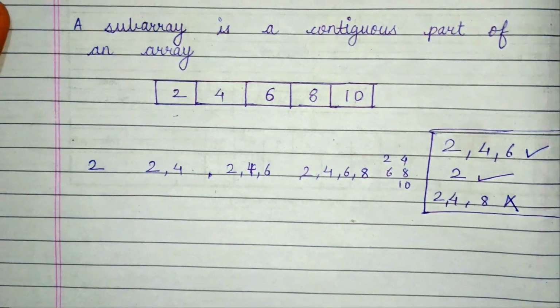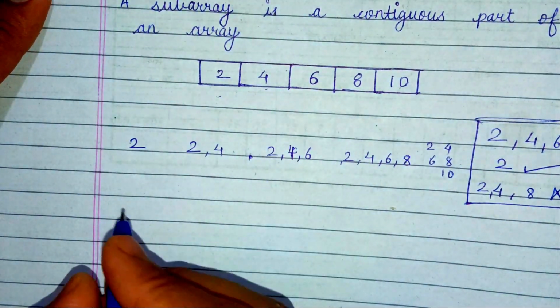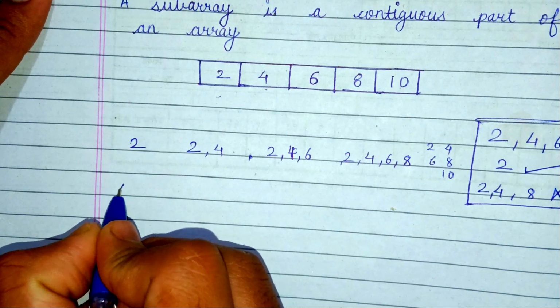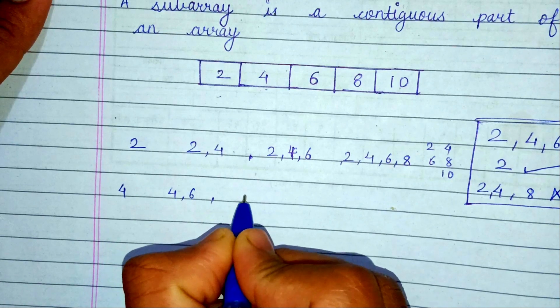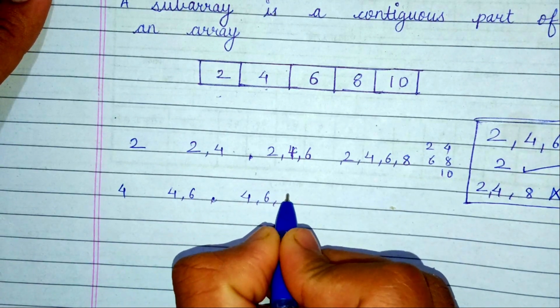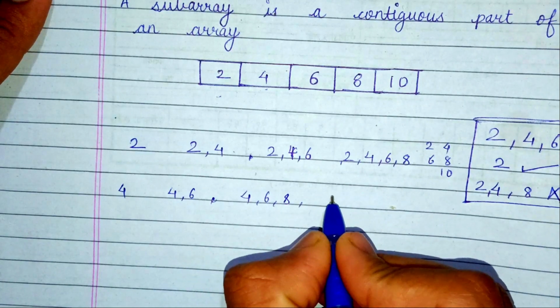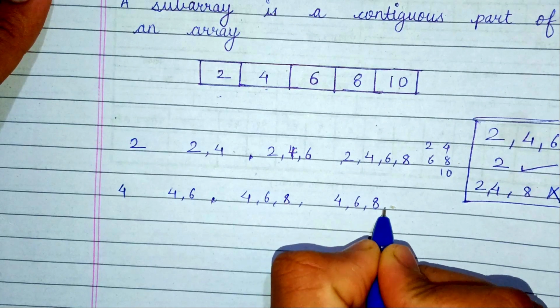Now the subarrays starting from 4 will be 4, 4 and 6, 4 6 8, then 4 6 8 and 10.